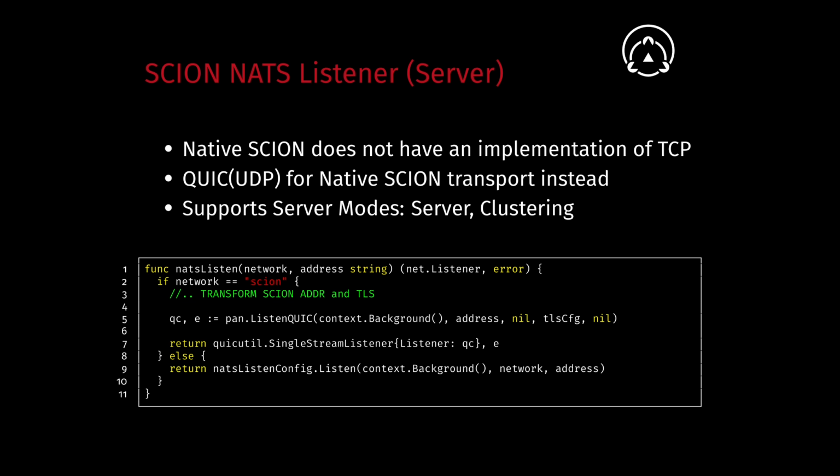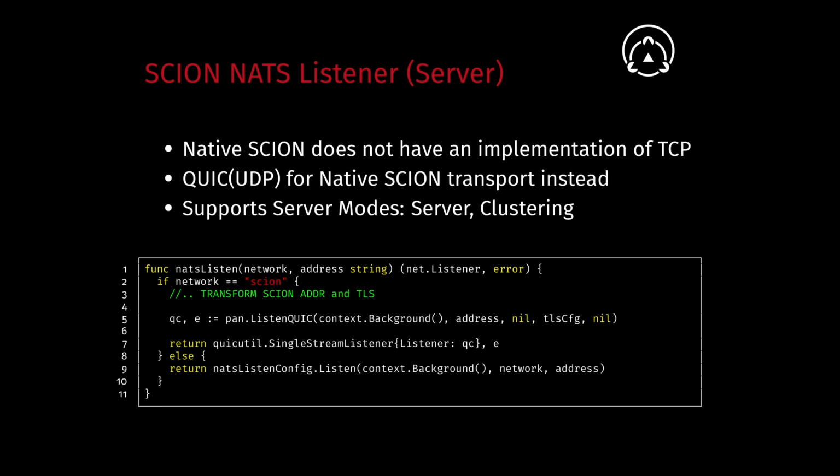I just commented it out and called it transform SCION address in TLS, so that this example is more straightforward for you to see the main core pieces of what was needed to get the server and the listener going.